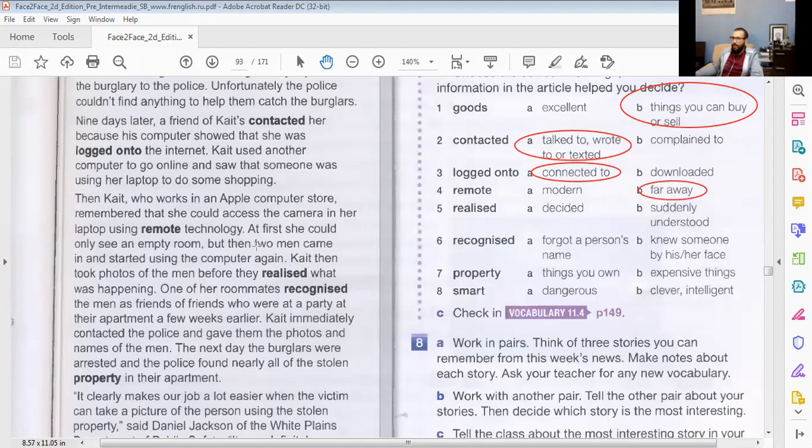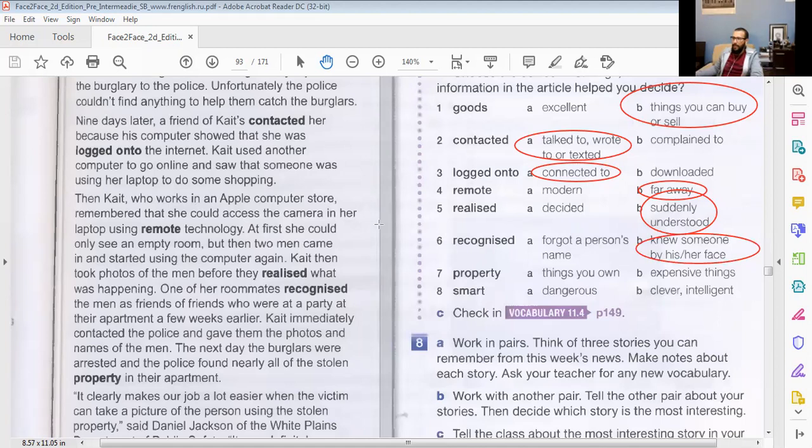Okay, realized. B, suddenly understood. Recognized. Recognize. If you're not sure, or her face, maybe. Correct. But remember, if you're not sure, you can always check the word in the sentence. This way, it will make guessing it easier.